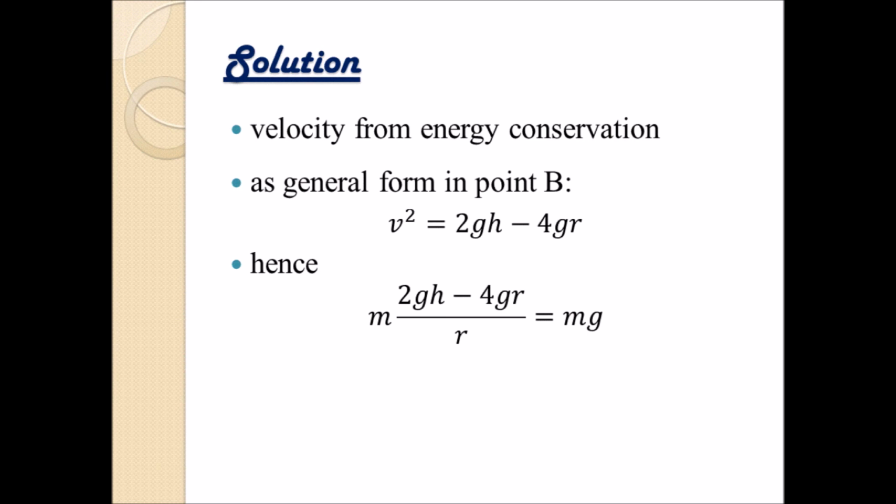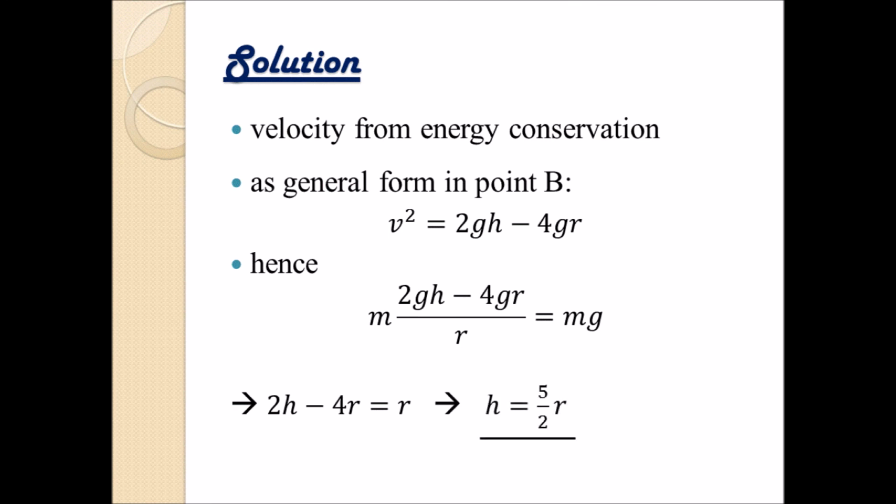So what is the result? Well, first of all, we can divide this whole equation by m, the mass, it cancels out. Then we can divide it by the gravitational constant g, which is part of every term of the equation. And what we get is simply that 2 times height h minus 4 times radius r equals radius r if we multiply the previous equation with r in addition.